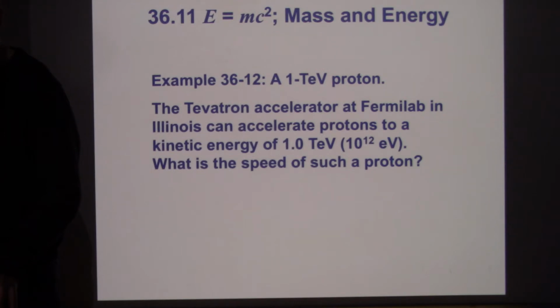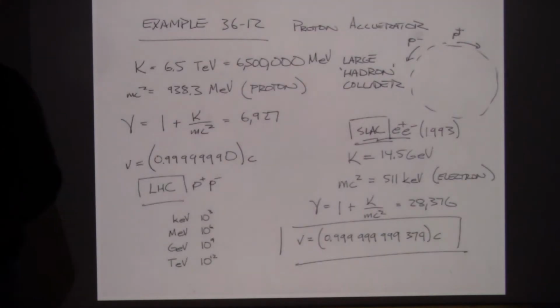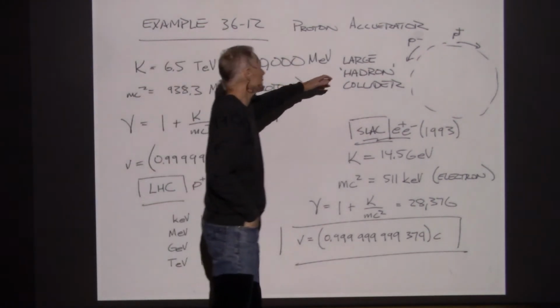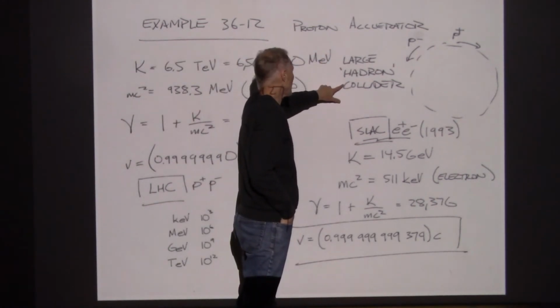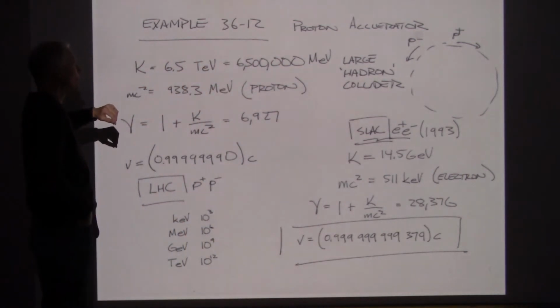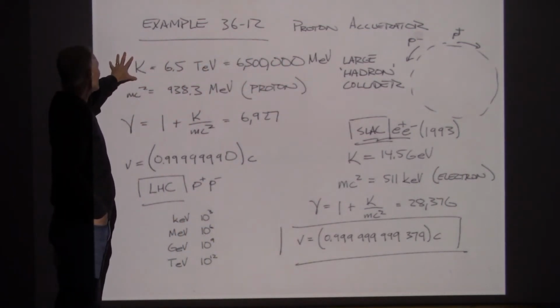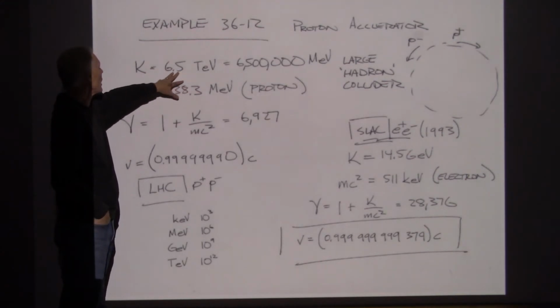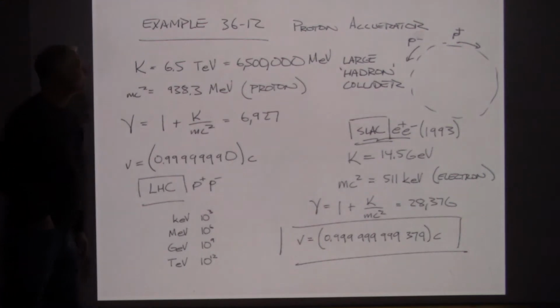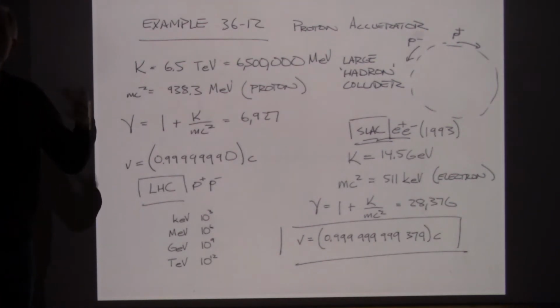Okay, here's a proton that's being brought up to enormous energies. This is in a particle accelerator, in what's called the Large Hadron Collider on the border of France and Switzerland. The kinetic energy for this proton is 6.5 TeV. Now T is a million times a million.